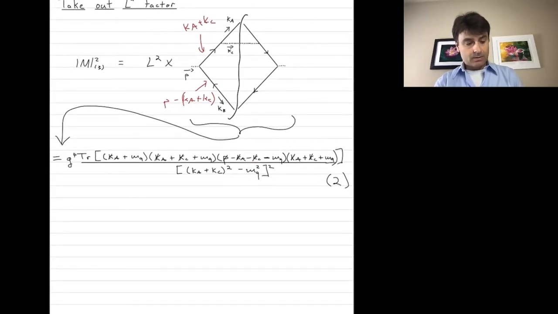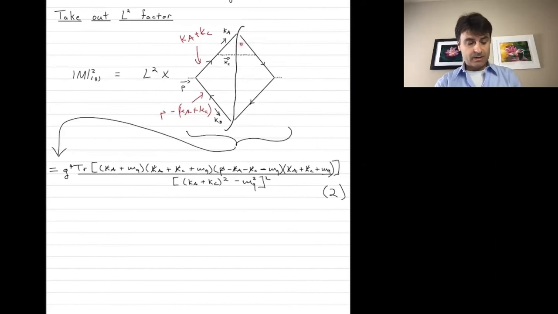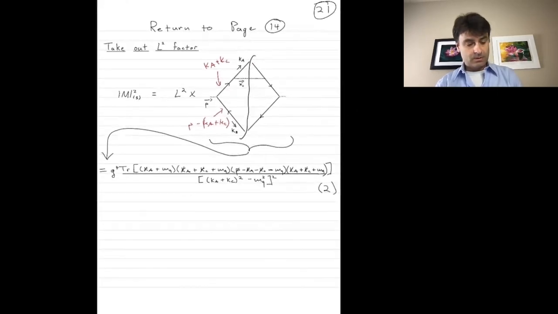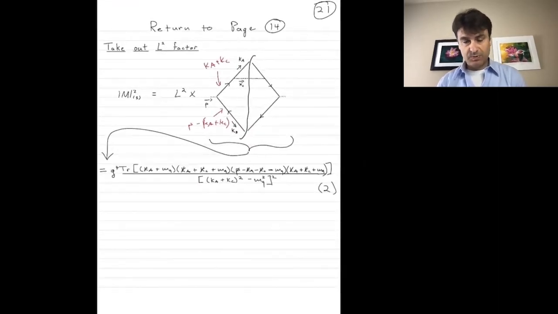That comes from summing over the spins for these two outgoing legs. Then I've got another coupling, and then I've got a k_a plus k_c internal propagator again. And then I'm back to where I started. Then I've got two factors of this denominator for each of these two propagators here. I hope everybody could assemble that set of Feynman rules to get this graph. And that's just M_3 squared. And I'm labeling this as equation 2.